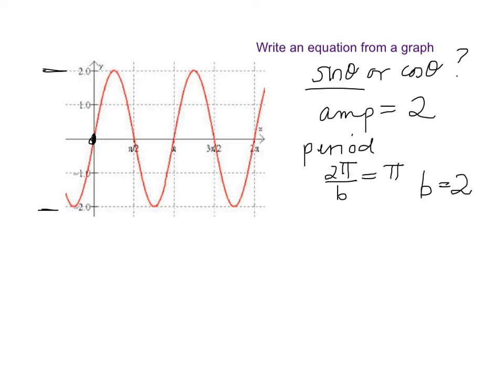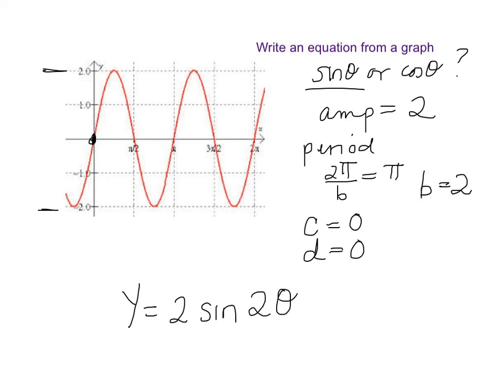Any phase shift? So what is c going to equal? Well, it doesn't move right or left, so this is 0, and it doesn't move up or down, so that's 0. And so I'm going to write my sine graph, y equals 2 sine 2 theta.